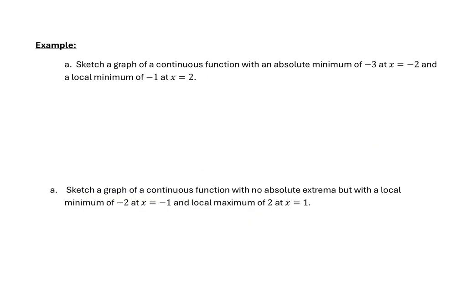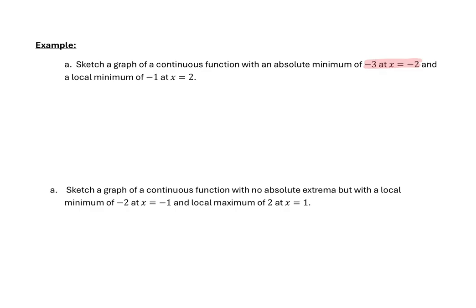All right. The last thing that we're going to do is sketch a graph that has some conditions that we want to meet. Now, when we talk about these sketches, there are lots of different ways that we can go ahead and sketch these. Everybody's picture is going to be different. All right, the first thing is, let's figure out what points we have here. Our first point is we are going to have an absolute minimum of -3 at x equals -2.